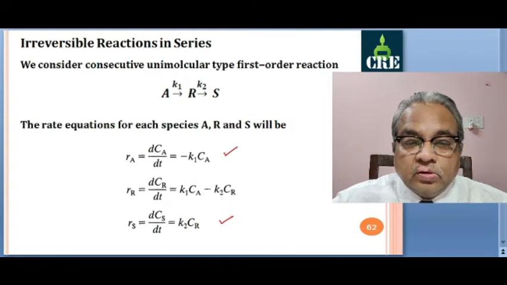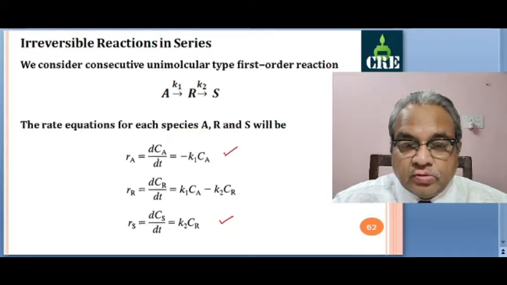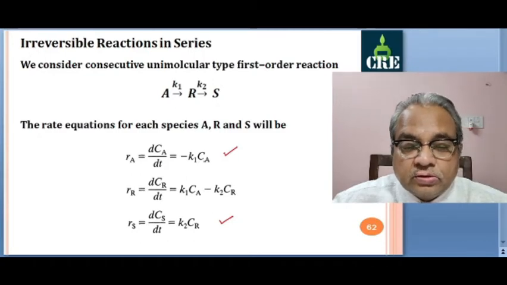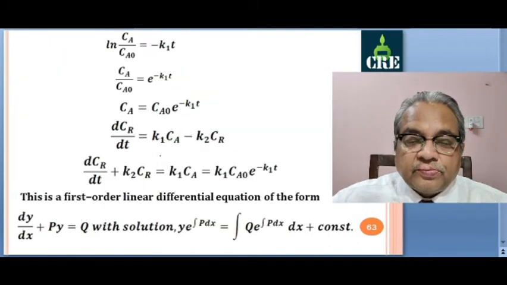So this first one, dCA by dt, if I change the variables' sides to solve this differential equation, dCA by CA is equal to minus K1T.